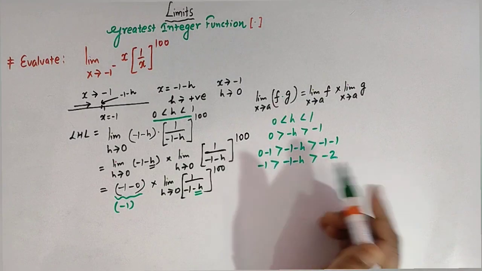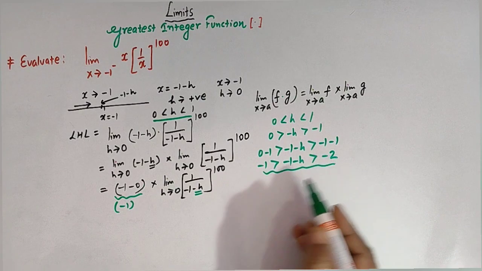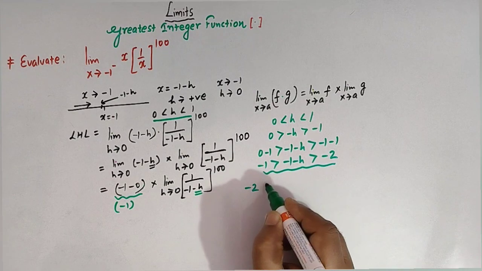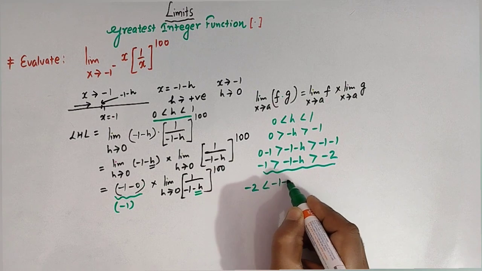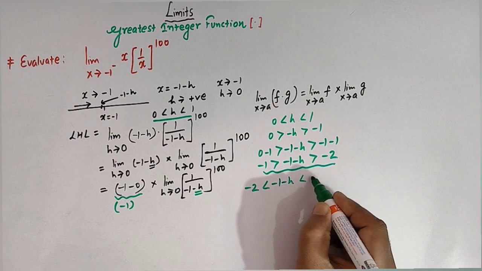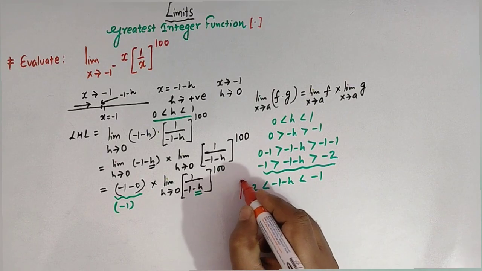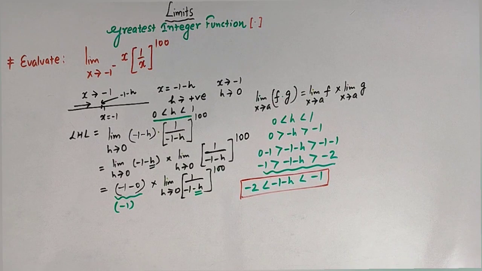We can rewrite this inequality as minus 2 is less than minus 1 minus h, which is less than minus 1.